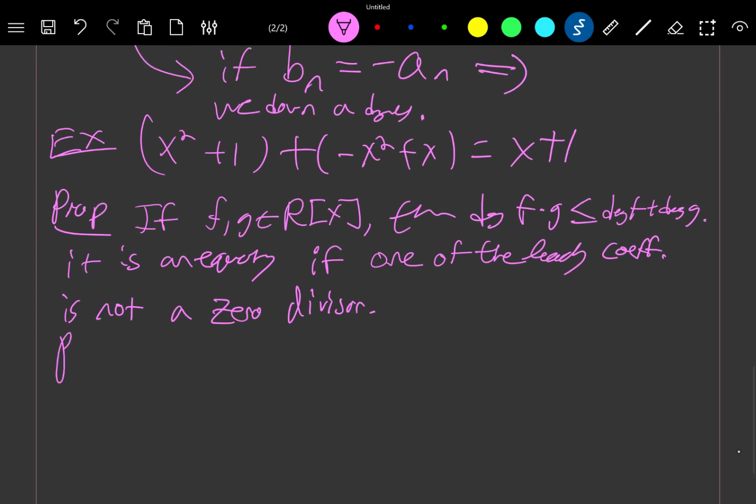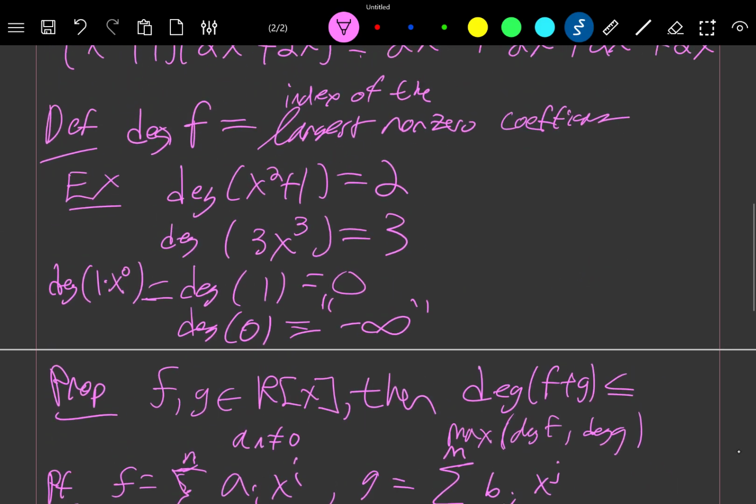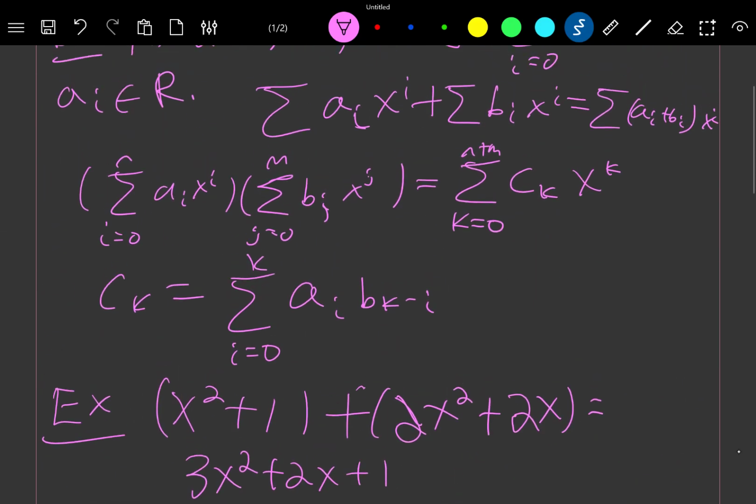So a way we can prove this is just look at the formula for c_n. So if we look at the formula that defined the multiplication, we're going from k equals 0 to n plus m. Well, if we look at this, if we go for n plus m, the only non-zero term is going to be a_n times b_m, right?